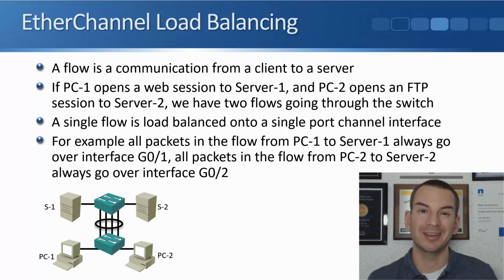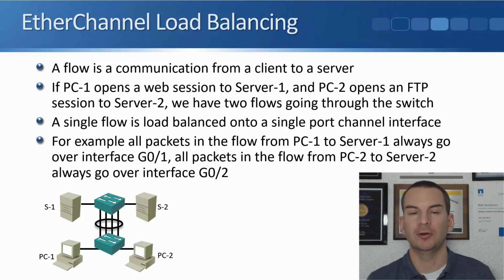So in this lecture, we're going to cover how EtherChannel load balances the different flows that are going across the links between the switches. A flow is a communication from a client to a server using a particular application. If PC1 in our example opens a web session to server 1 and PC2 opens an FTP session to server 2, we'd have 2 flows going through our switches.